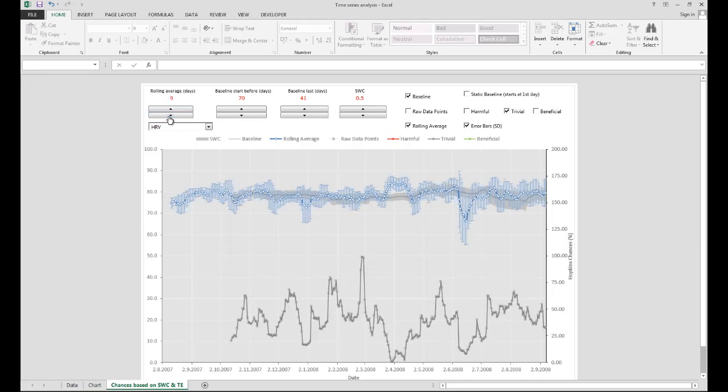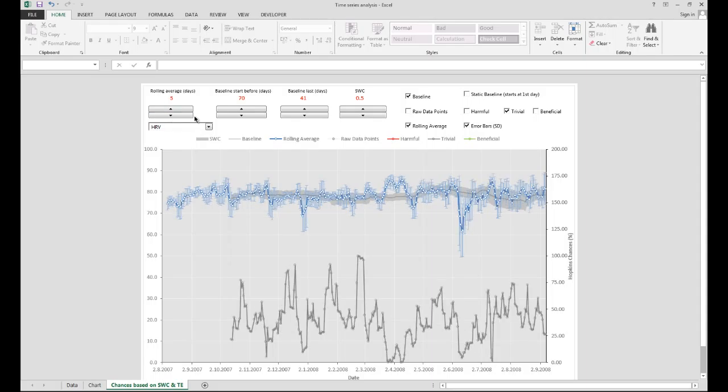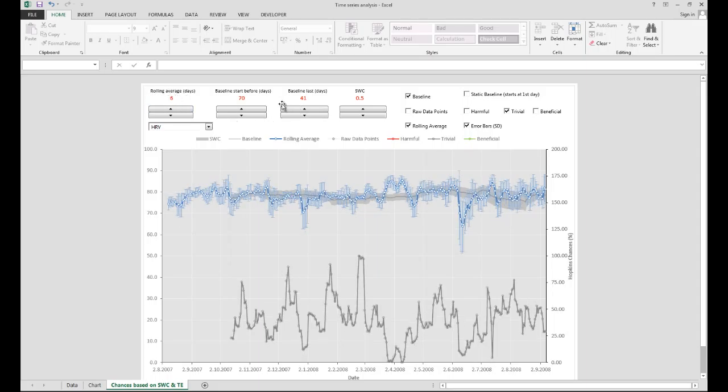And this comes back again to the saying that this is more art than a science. And the art is in choosing durations of the rolling averages, selecting the baseline duration, and in this case also the smallest profile change.